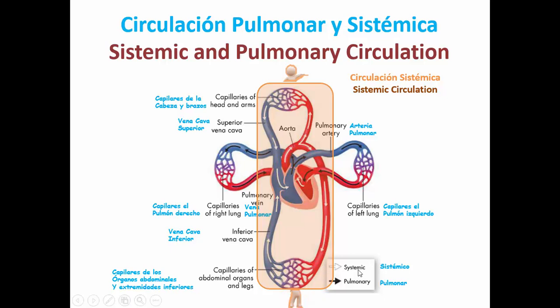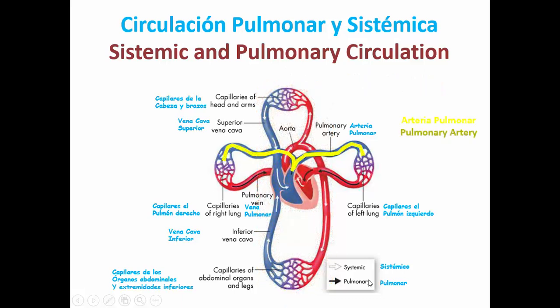Okay? But something interesting about this is maybe a paradigm that we have since we were little, that they taught us in elementary school or maybe junior high, is what's an artery and what's a vein. As you can see here, this pulmonary artery is taking blood out of the heart and into the lungs.